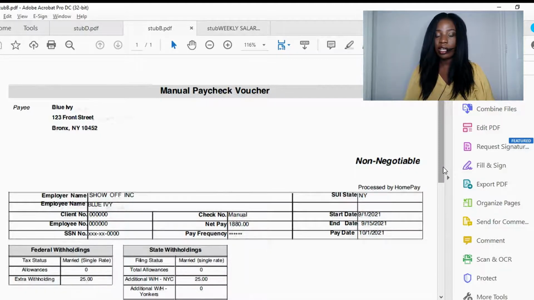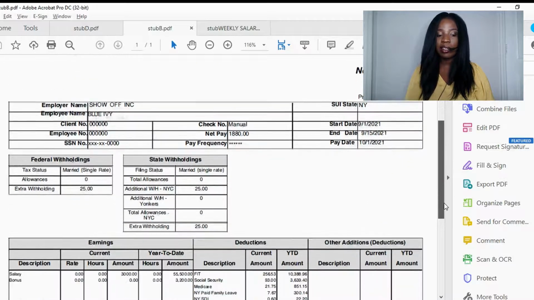So that's an indicator. And then another indicator, I don't have it here because I have this example set as a salaried borrower as well. But you know how, for instance, a person that gets paid bi-weekly works 80 hours. Well, a person that's paid bi-monthly or twice a month works 96 hours in a pay period. So that's another giveaway.